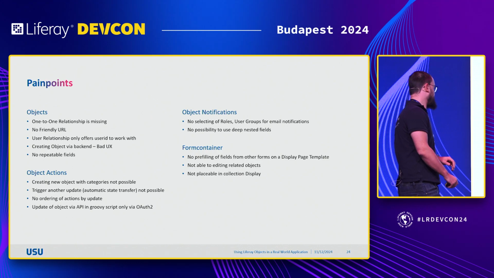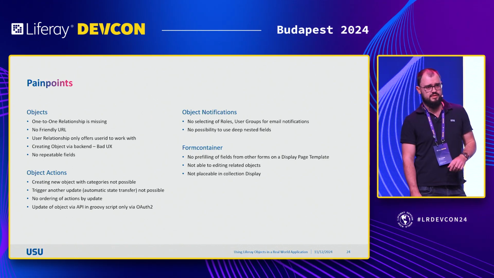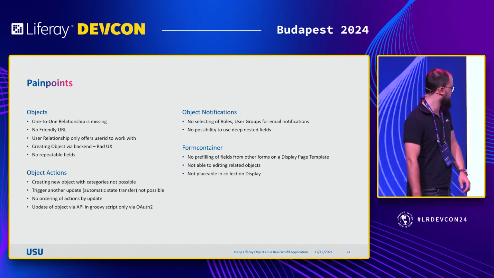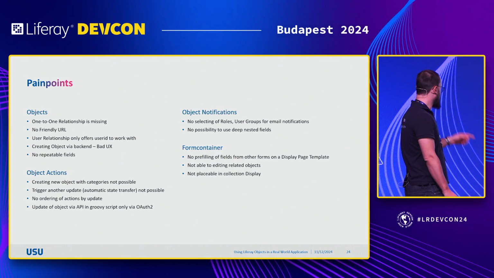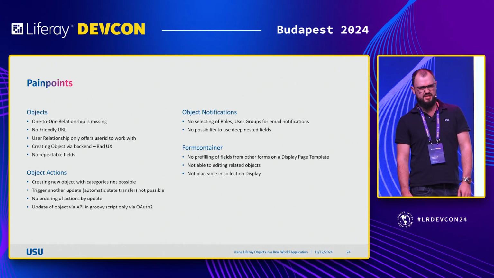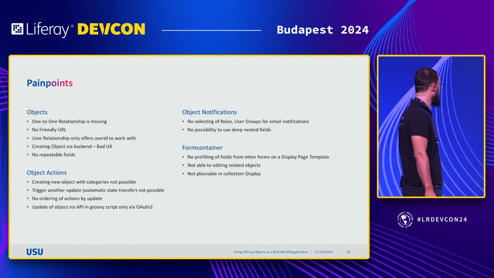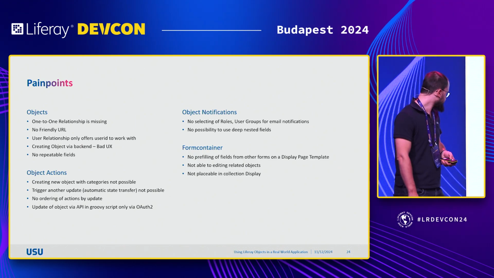The object actions. To add a new object was not possible with the categories. I know I'm repeating, but another big one is triggering another update, the automatic state transfer. This was the biggest pain, I would say, we had. Then no ordering of actions by update.